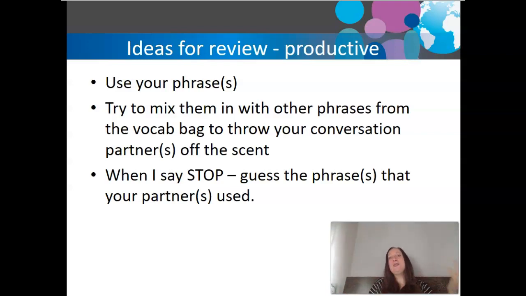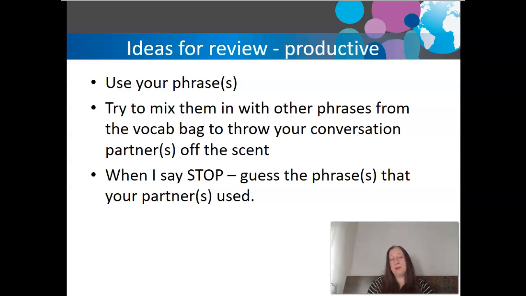They have to use the vocabulary in conversation, and then the partner has to guess which phrases they used from the vocabulary bag during the conversation. If you do it competitively, students try to throw each other off the scent by using all of the vocabulary from the vocab bag, so as to trick their partners.